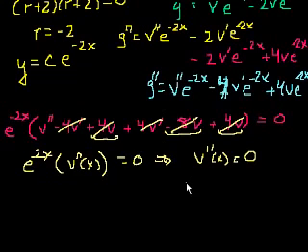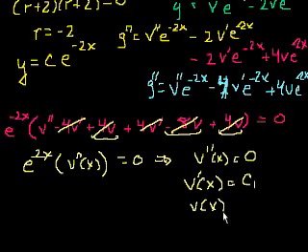You do it once, you get v prime of x is equal to, let's call it c1. And if we take the antiderivative of both sides again, we get v of x is equal to c1x plus some other c2.